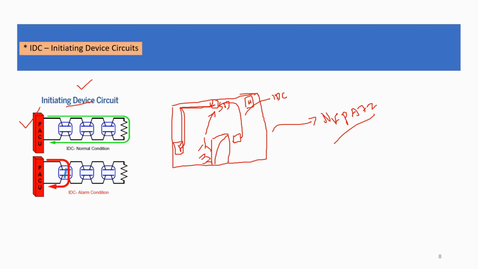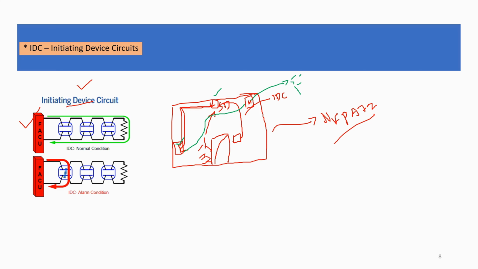From this fire alarm control panel, one more line is going to the horn strobes. So automatically, once this fire alarm control panel receives a signal from the smoke detector, it will activate the horn strobe. So this is the concept.